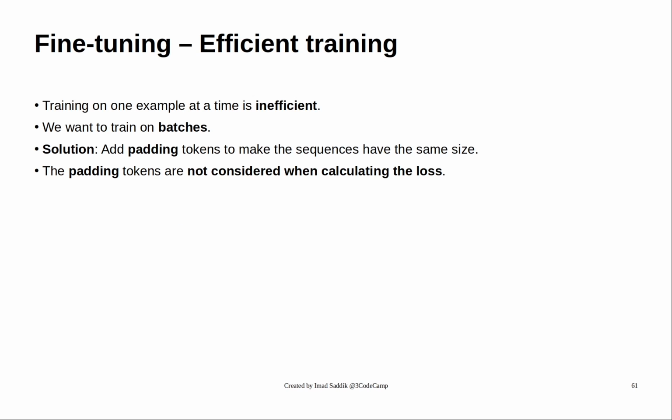The padding tokens are not considered when computing the loss function because the model should not generate the padding token and it should not see it during the fine-tuning process. Basically, we are using the padding tokens as a means to batch the data in order to make the training more efficient.